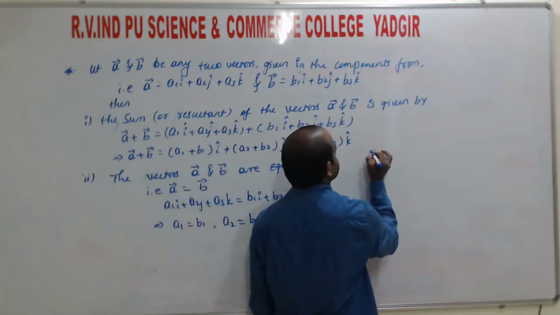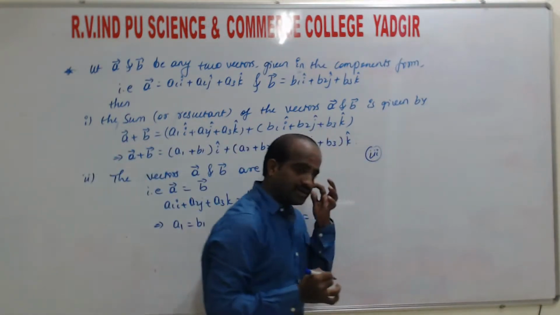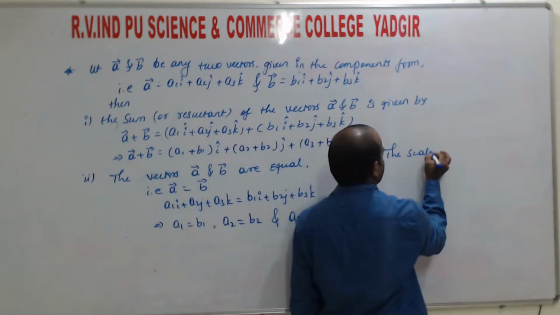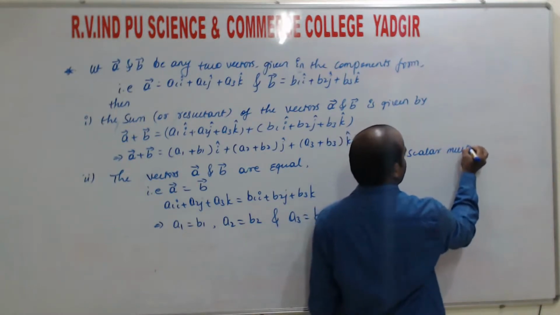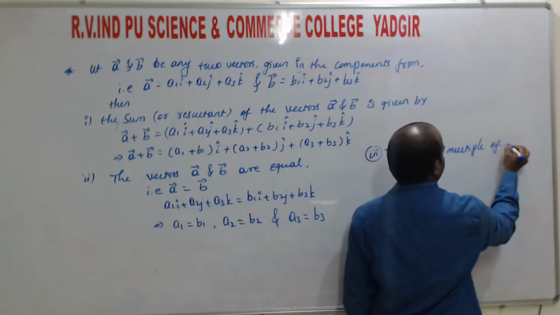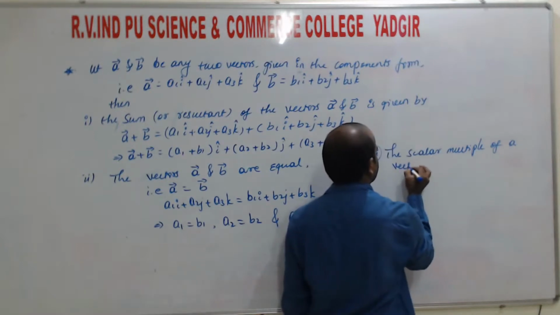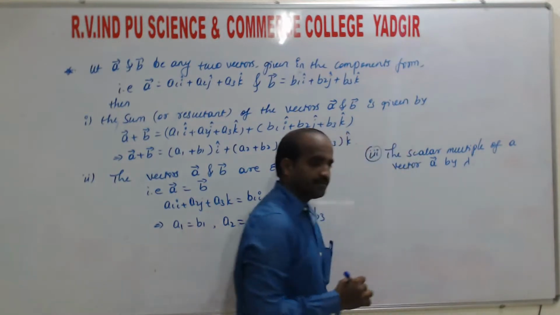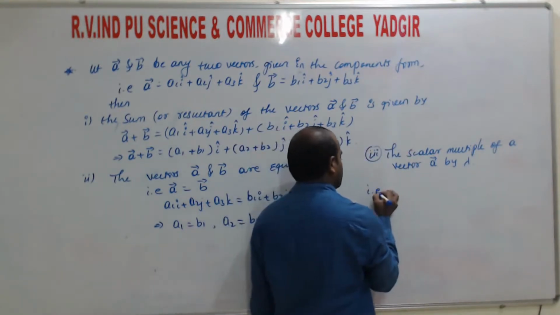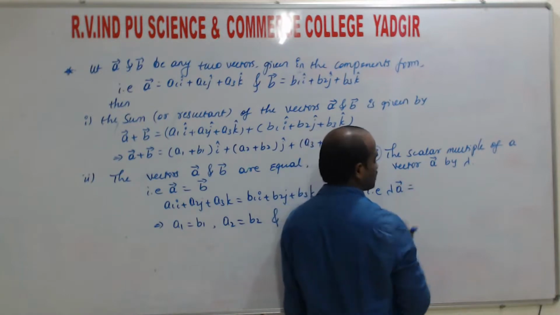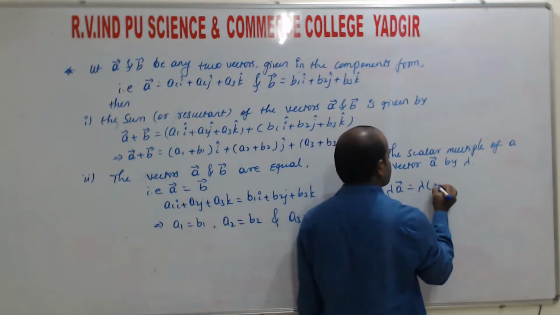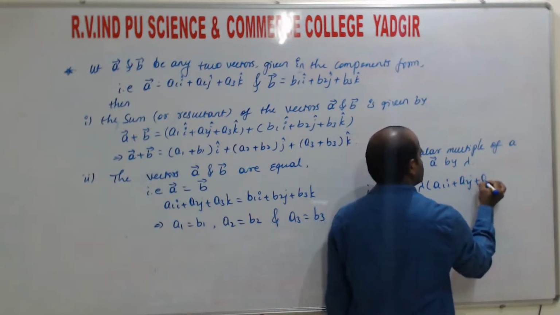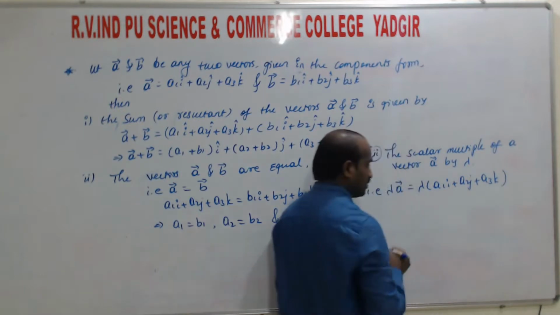Third point, the scalar multiple of a vector. The scalar multiple of a vector by lambda, that is lambda into a vector, where a vector is a1i plus a2j plus a3k.